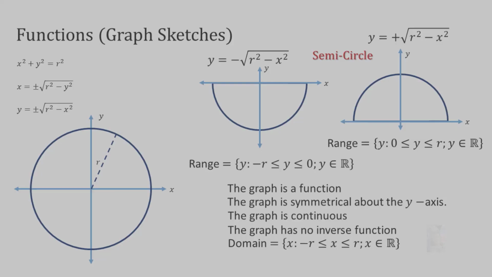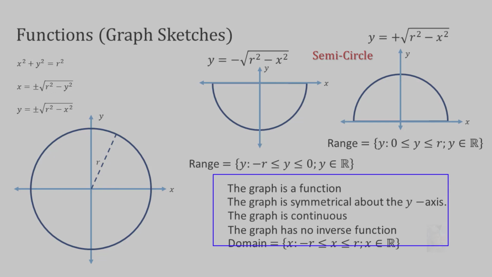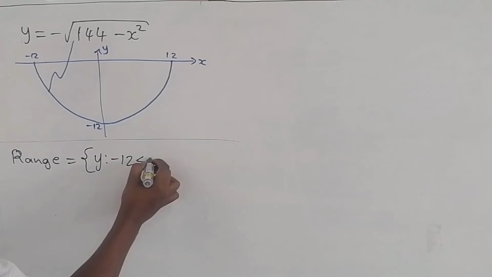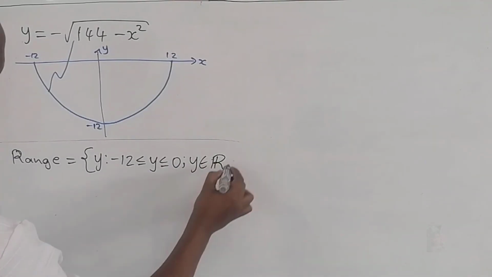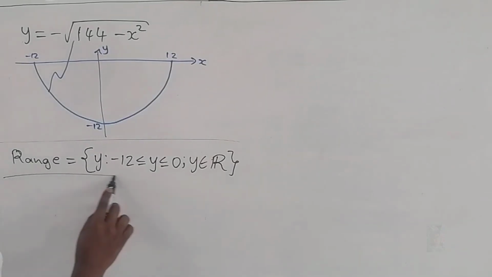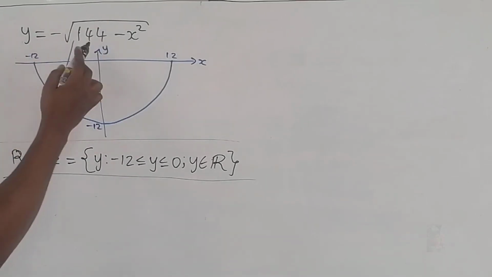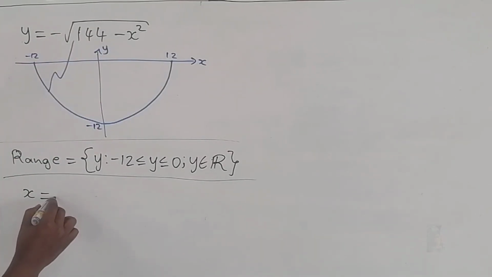The follow-up question is looking for the range of this graph. So that will be our range. So y will be between those 2 points, and then y must be an element of real numbers. Now moving further, they want us to give the equation of the inverse function for this graph.